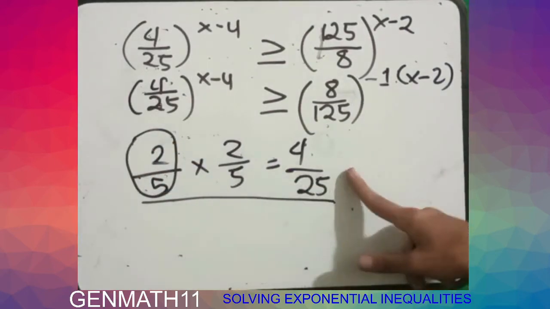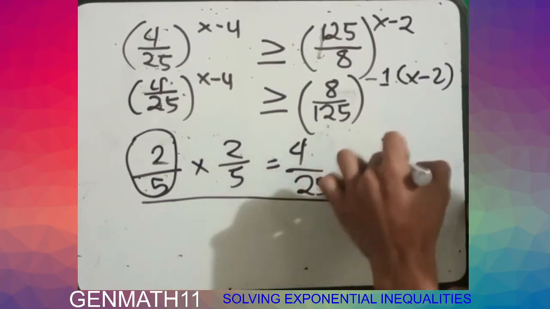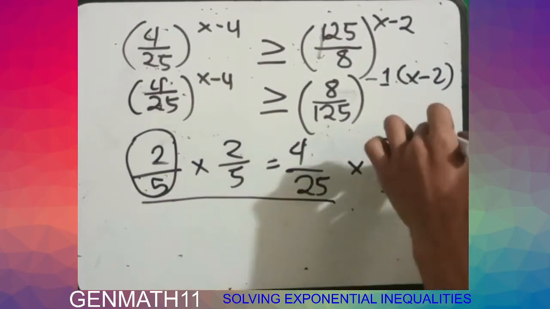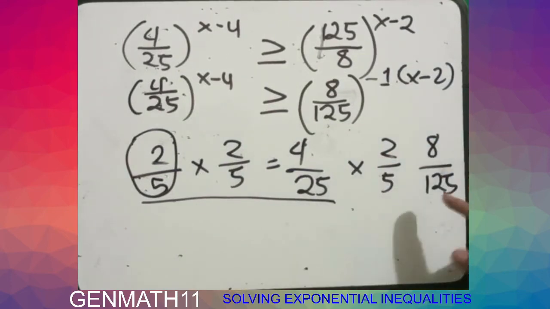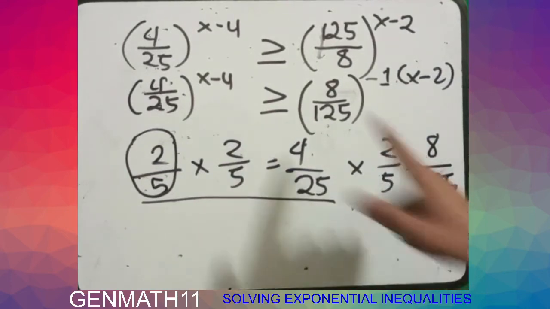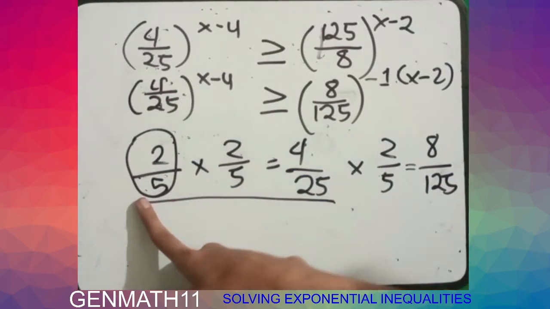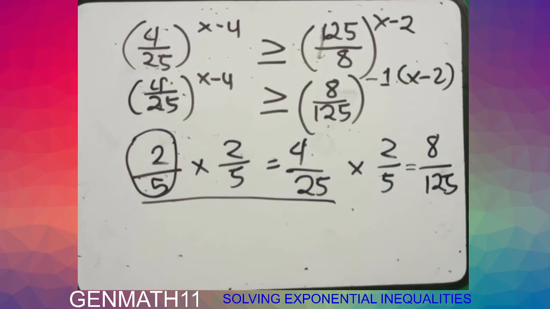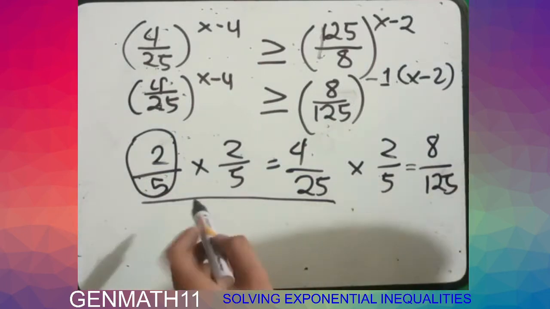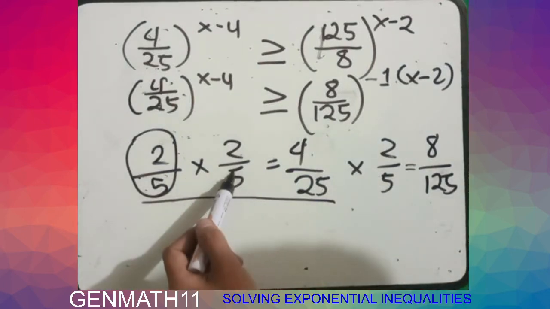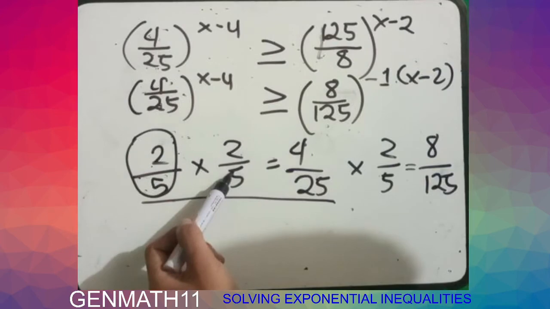So, i-times ulit natin sa isa pa. So, 4 times 2, 8. 25 times 5 is 125. So, ibig sabihin, tamang ang ating 2 over 5 ang kanyang base. Then, bibilangin na lang natin kung ano magiging exponent niya. So, sa 4 over 25, ang exponent ng 2 over 5 ay 2, kasi dalawang beses mo siyang itinayo sa kanyang sarili. So, 2 over 5 times 2 over 5.